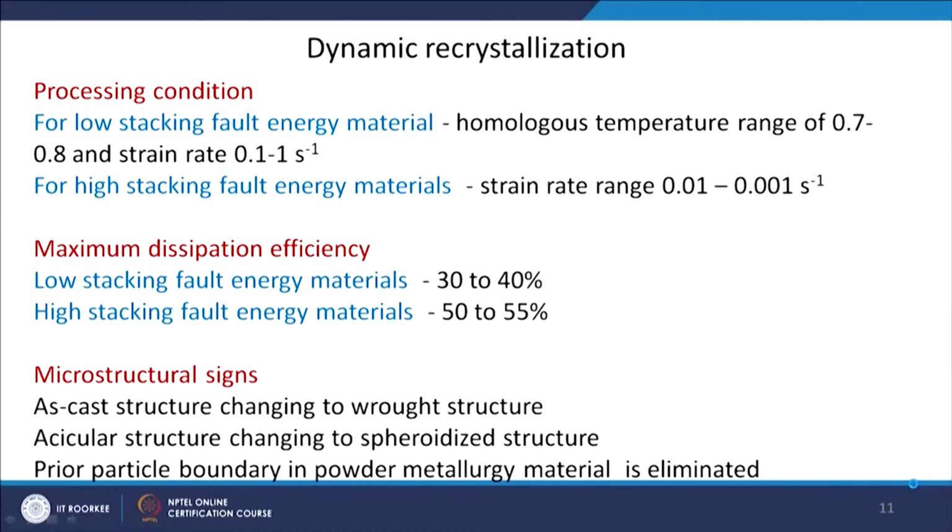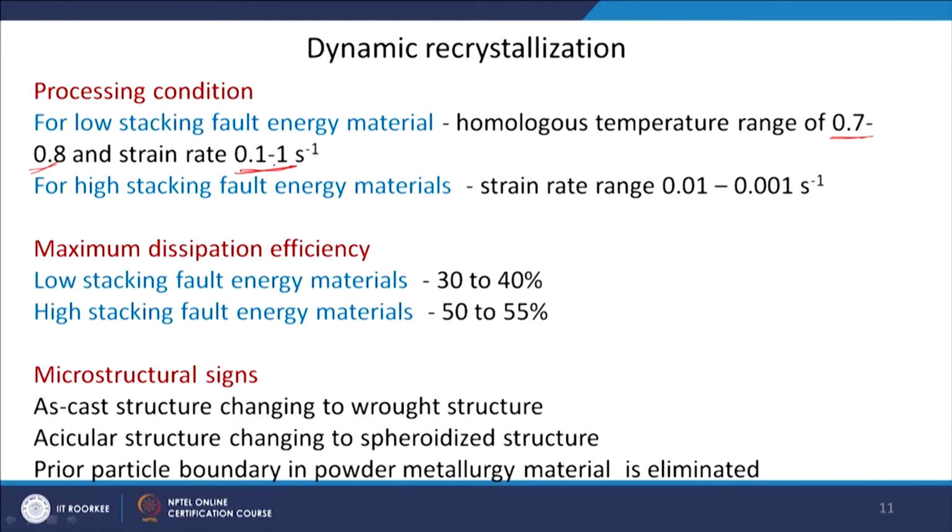As we said, dynamic recrystallization is one of our primary objectives for the processing condition. In general, for different materials, when people have done work on this, they have been able to identify a few ranges. For low stacking fault energy materials, the temperature range is around 0.7 to 0.8 of the melting point, and the strain rate range is around 0.1 to 1 per second.